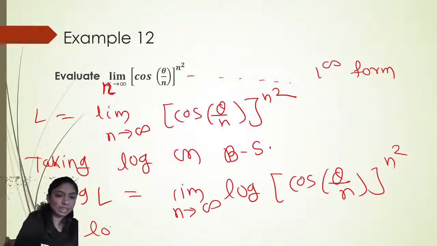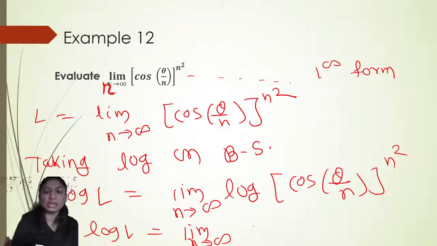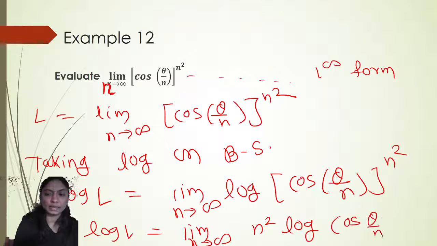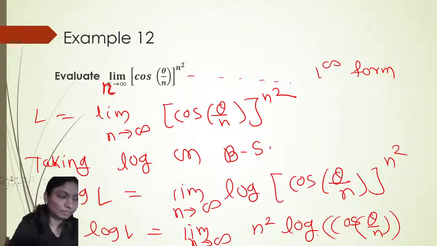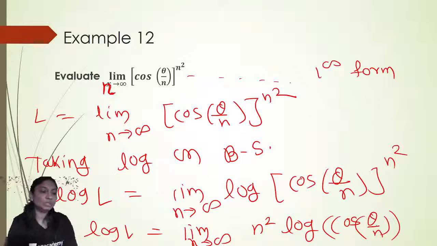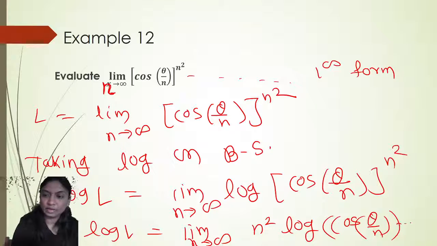So log L is equal to limit as n tends to infinity, n square into log of cos theta by n, right? Now put limit as n tends to infinity. So this is infinity into 0 form.